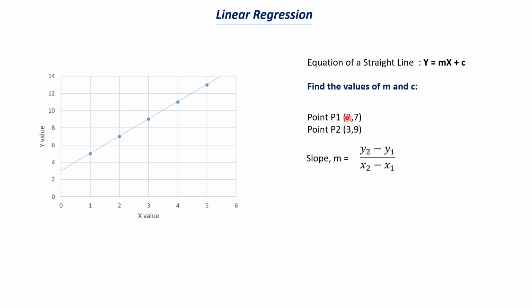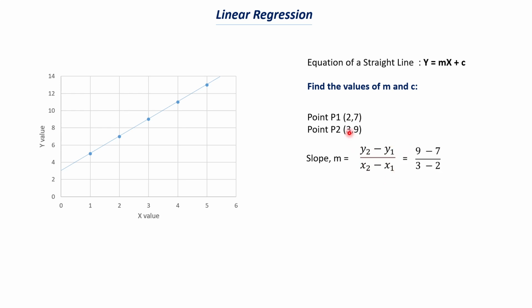Here 2 represents x1 and 7 represents y1, and 3 represents x2 and 9 represents y2, right? So you understand this, right? So p1 represents the coordinates x1 comma y1, and p2 represents the coordinates x2 comma y2. Now you need to substitute these values. So this is the formula for slope, which is y2 minus y1 divided by x2 minus x1. Now we need to substitute the values.